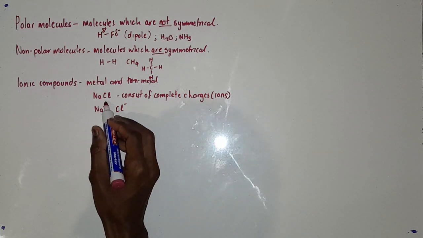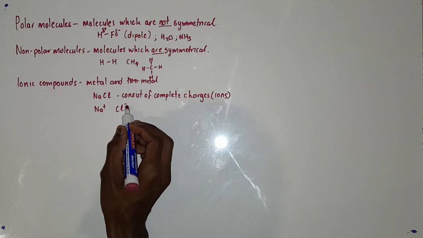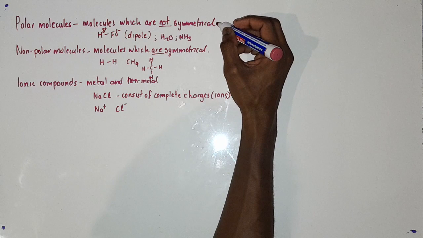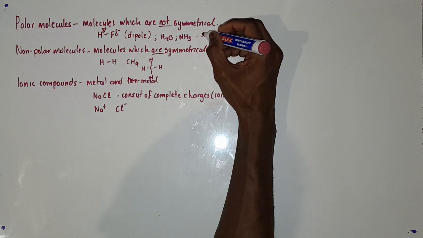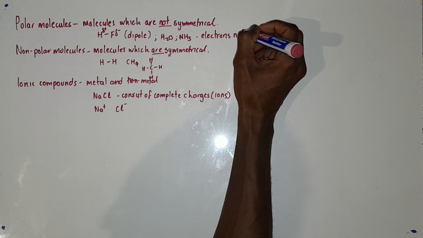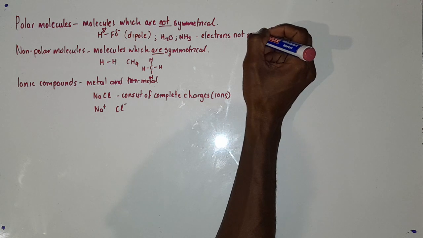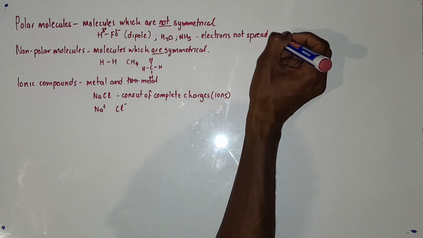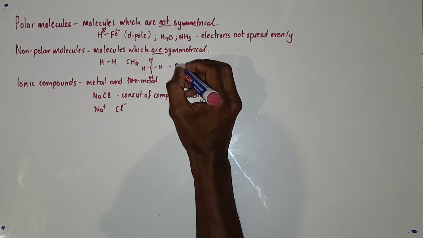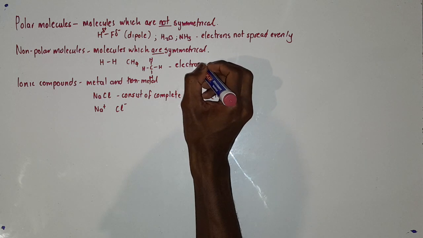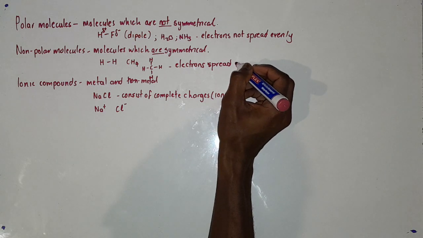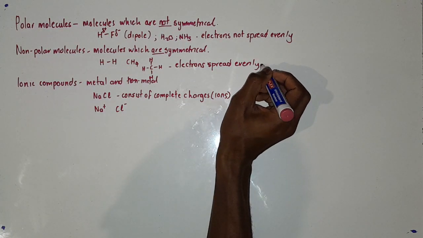You see, we get something like this on this side, and something like this on the other. On this one, the electrons are not spread evenly. Then on this side, the electrons are spread evenly. Do you understand?